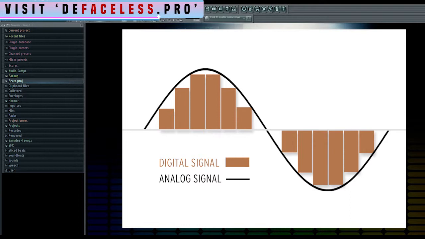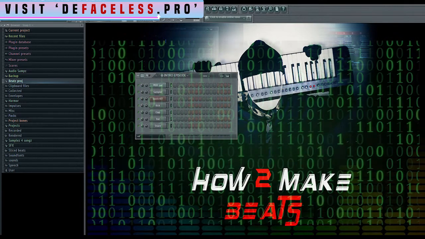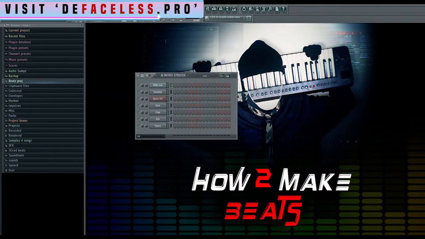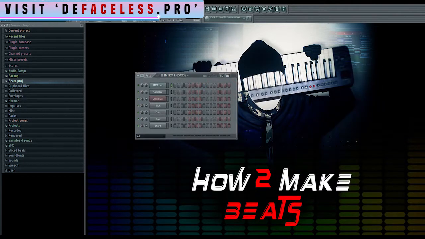Basically, this means the flow of information isn't continuous and uses fixed points that are actually the ones in the binary that all digital technology uses. As you know, they use ones and zeros. To put this into context, that means digital signals can only represent analog signals by sampling at these discrete points and then filling in the gaps of missing information, which ultimately means you will lose information.